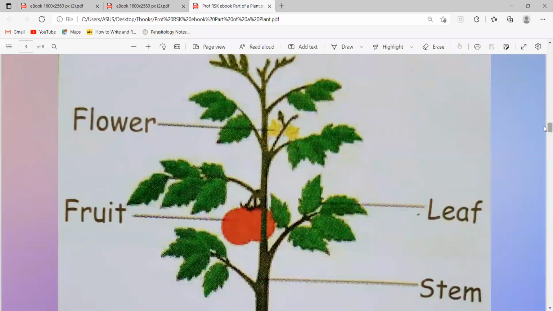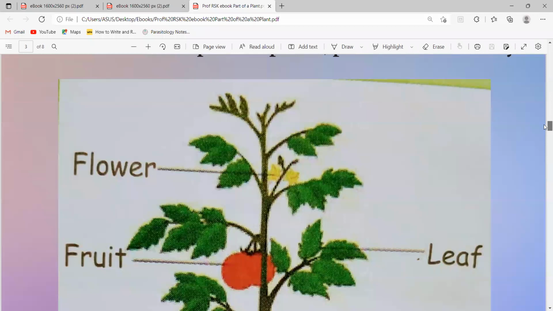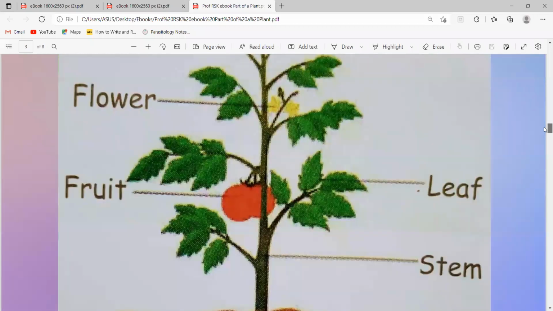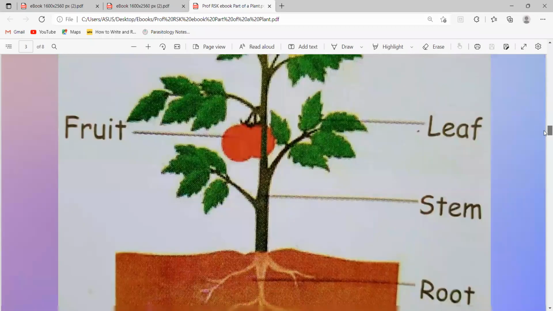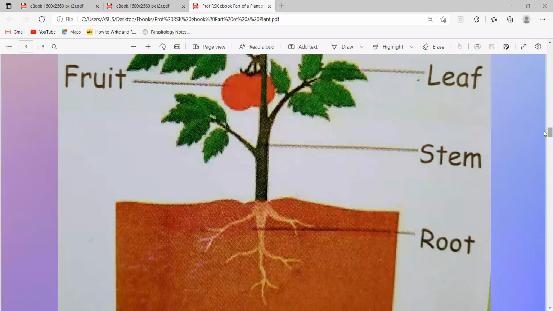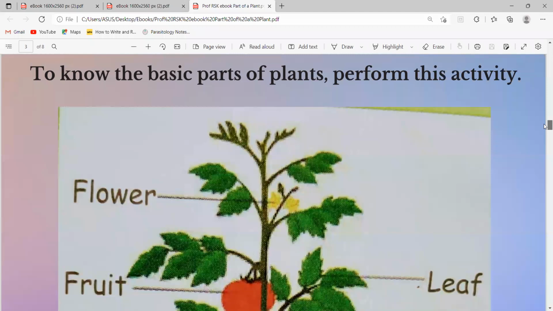All right. So let's take a short assignment for this section. We will continue again in our next class. I want you to visit your garden.